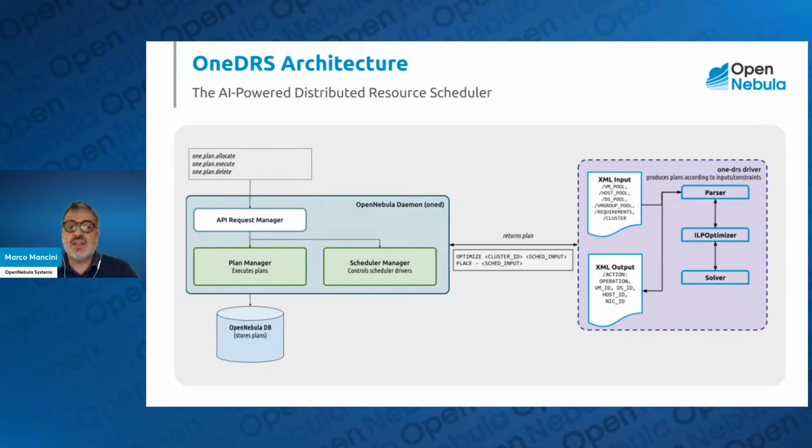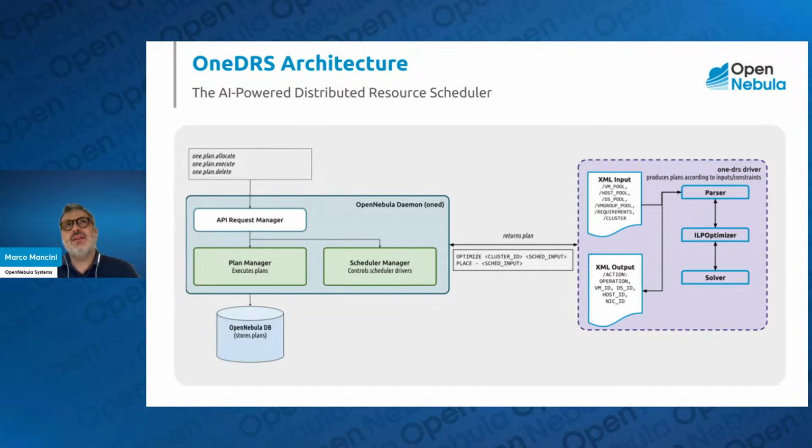And then we can take into account the information that comes from the monitoring. As I said before, we have enhanced the monitoring also with the information about the forecast. So this information can be passed to the parser and then to the optimizer, which can take it into account in order to optimize the workload within the cluster.